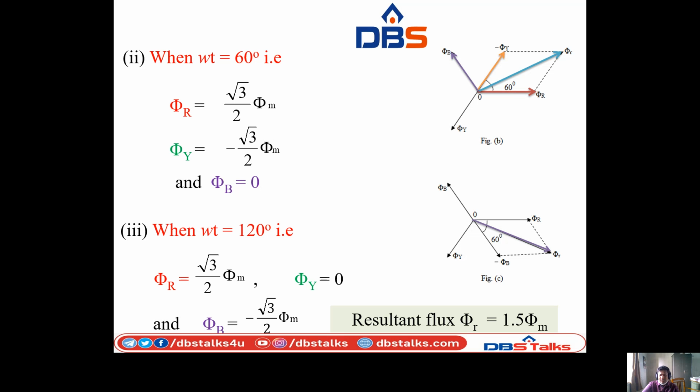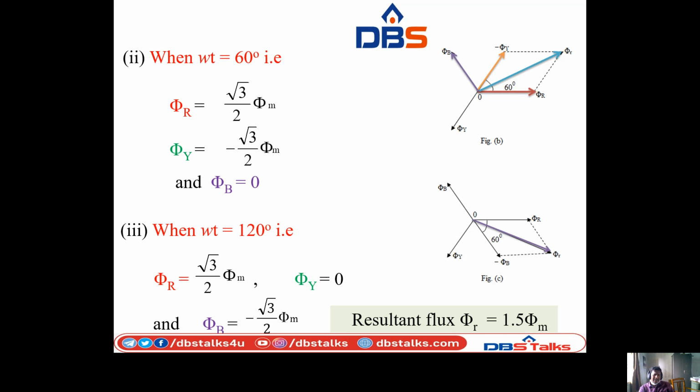Phi resultant is equal to the square root of phi R square plus minus phi Y square minus 2 phi R minus phi Y cos 60 degrees. As usual, again the resultant flux is 3 by 2 phi m, that is equal to 1.5 phi m.